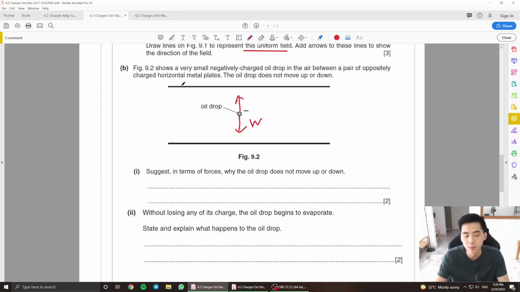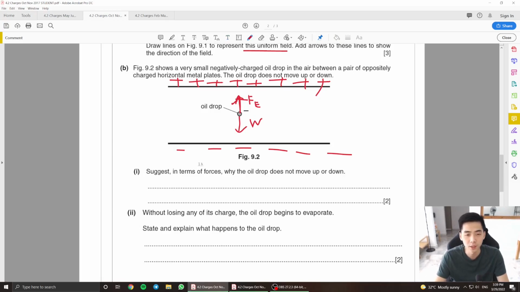And since it is placed in an electric field, it is obviously going to experience an electric force upwards, right? So in order to have an electric force upwards, the top part must be a positively charged plate and the bottom must be a negatively charged plate. This way, the negative plate can repel the droplet, and the positive plate can attract this negative droplet upwards, right?